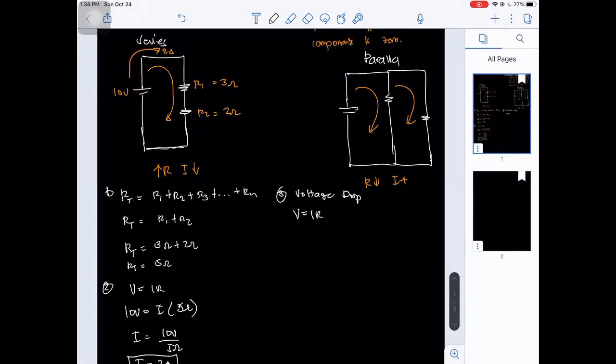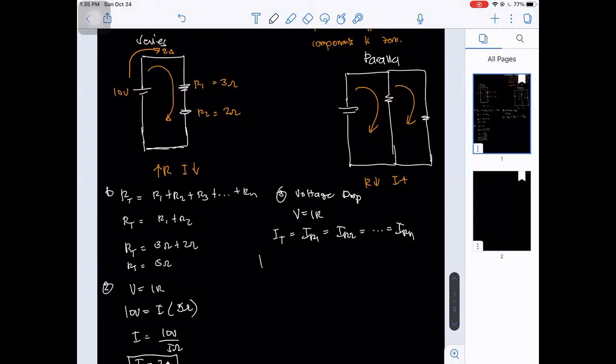Since we already know the current, in series circuits, the total current flowing in the circuit is equal to the current across its resistors. This illustrates the equation IT is equal to IR1, or current across R1, is equal to IR2, and so on, equal to IRn in a series circuit.